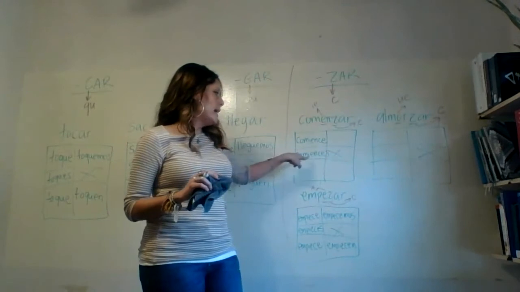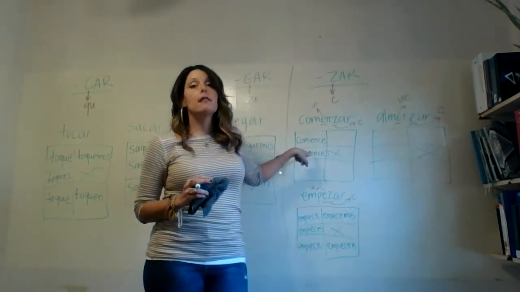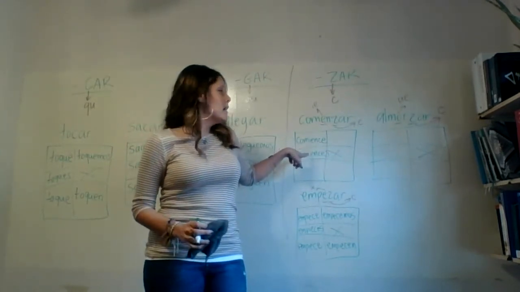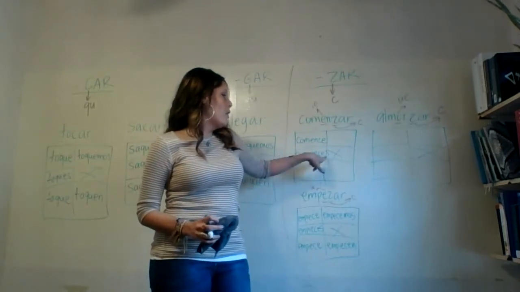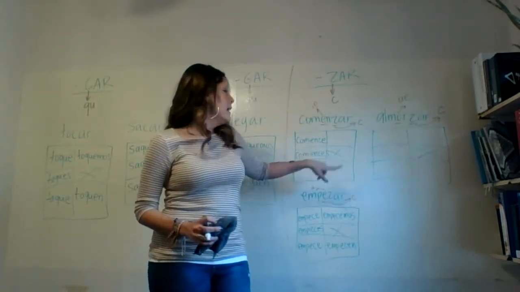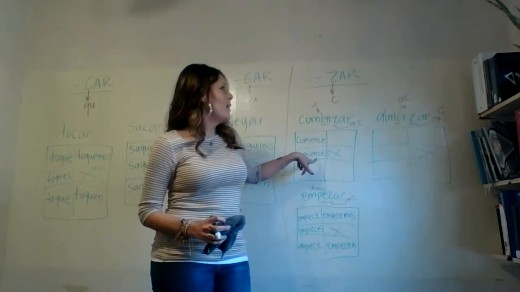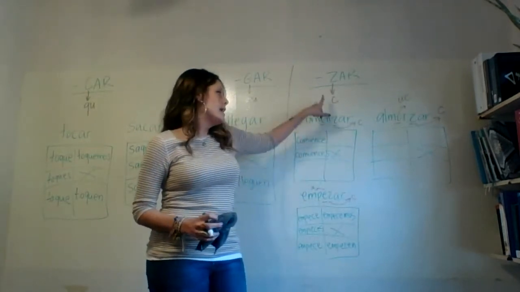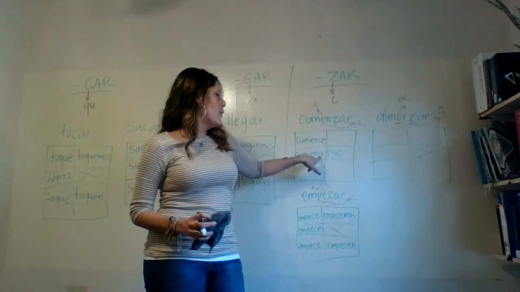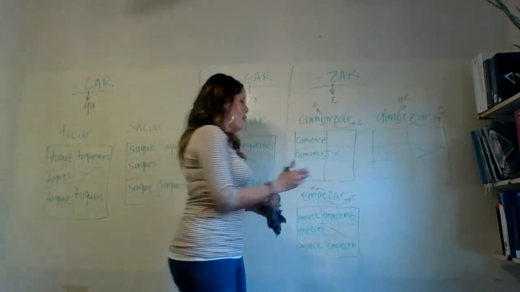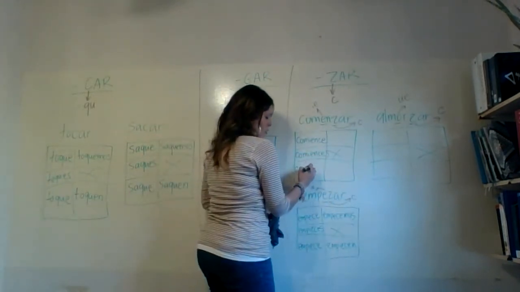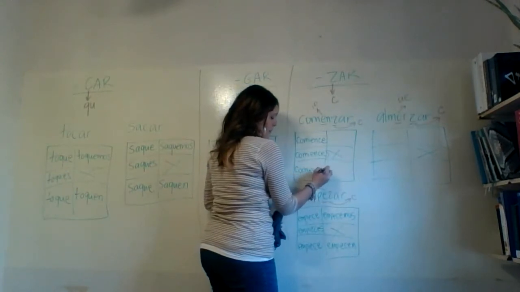We still have our E to IE stem change that occurs because it's a stem change verb, and we added our appropriate subjunctive endings. We also had to remember that this is a ZAR verb, and so the Z changes to a C, and that's how we had a C right here. This conjugation will be comience.